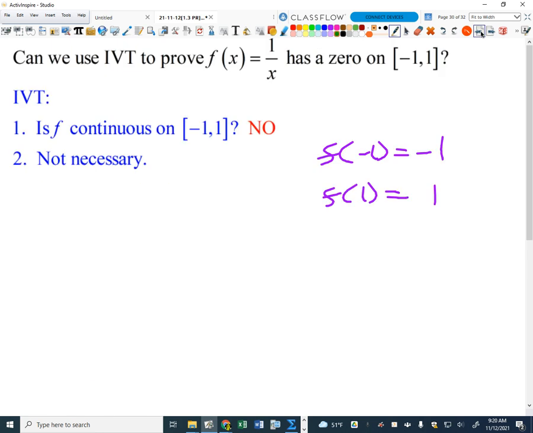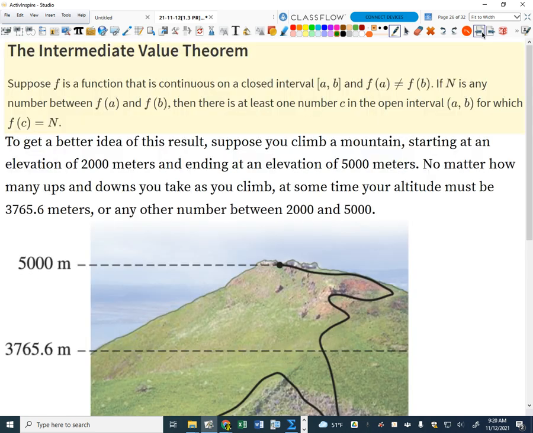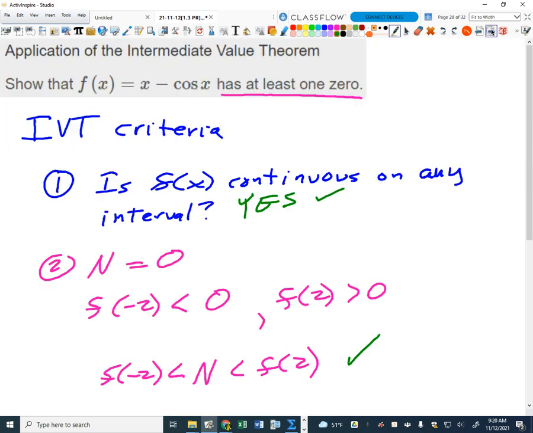Let's go back and glance at IVT one more time. If we meet the conditions, if f is continuous on the closed interval and n is an interior value, then there's at least one number c in the open interval a to b where the conditions are met, right?